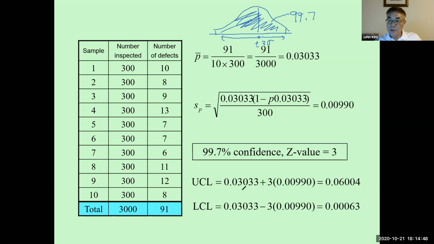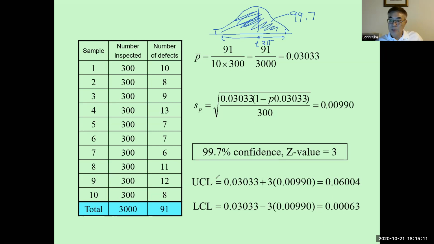So P bar plus 3, the Z value, times standard deviation. Then upper limit is 0.06004. And then lower limit, minus, is 0.00063.